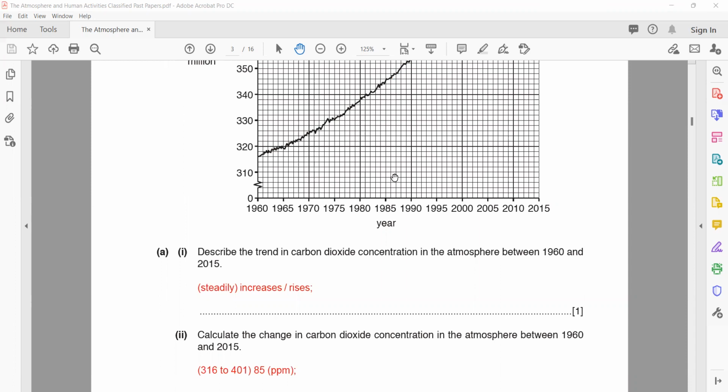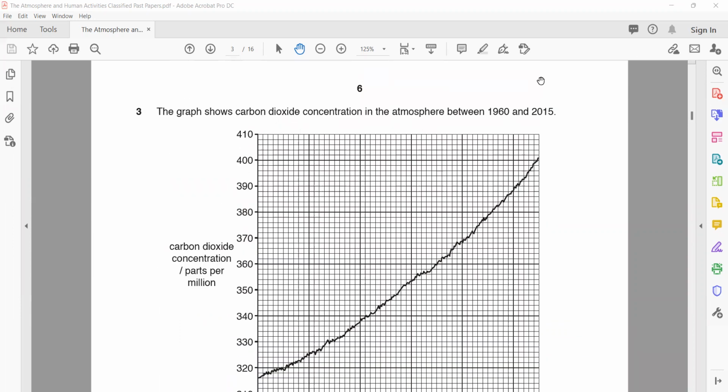How much is the change? That is really simple. You will see in 1960 how much. According to this it was 316 in 1960, and if you go to the last one, 2015, you can see it will be 402.